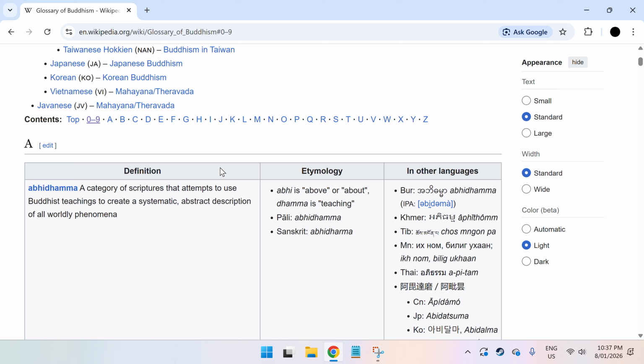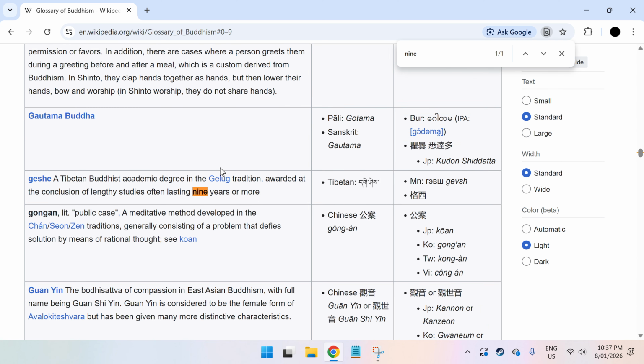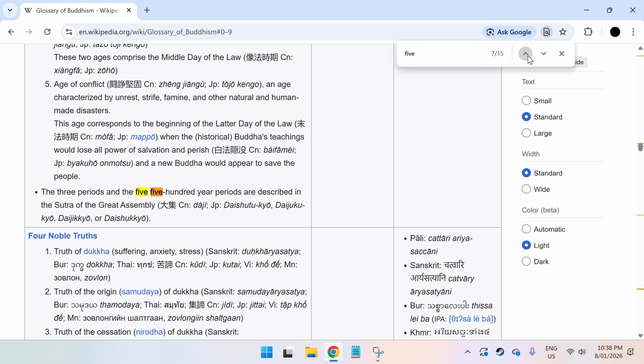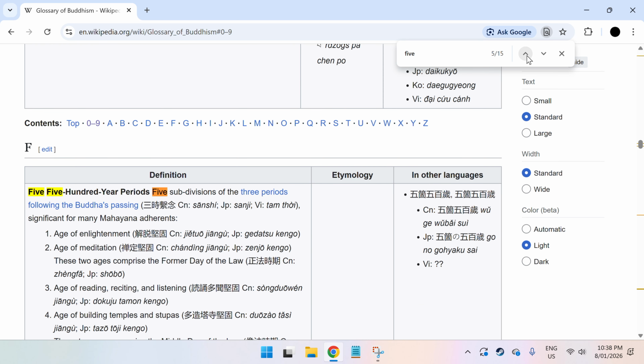I'm wondering if I type in the number 9, for example, whether I will find something beginning with 9. If I type in the word 5, and I'm thinking about the 5 hindrances here.